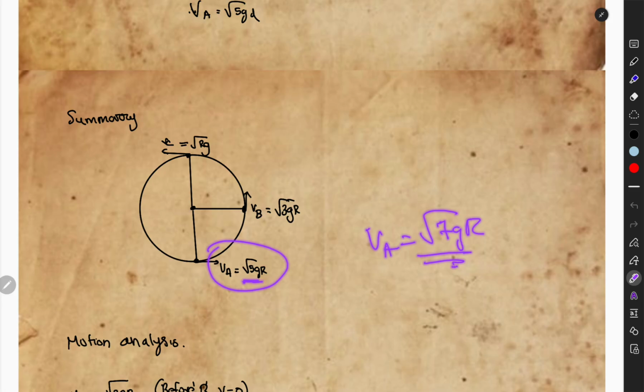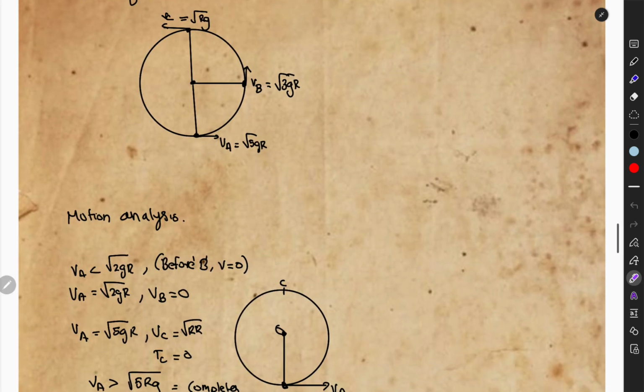You will be asked what will be the velocity when it crosses b. Simply subtract 2 from that, you will get 5gr. That will be the velocity when it crosses b. We'll see, don't worry. If you don't understand, it's perfectly fine.